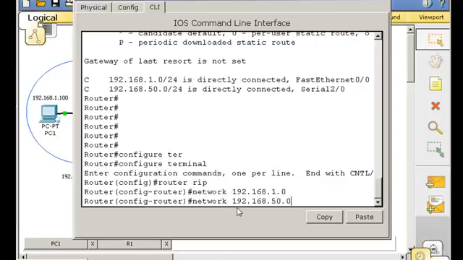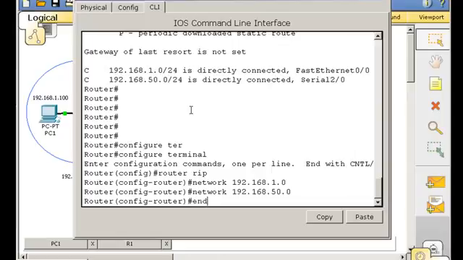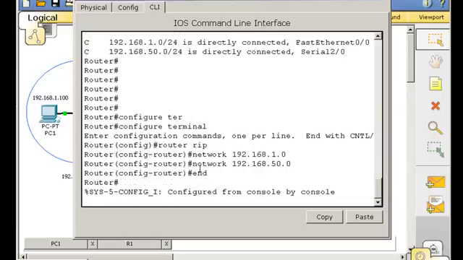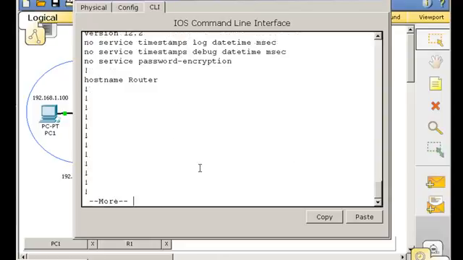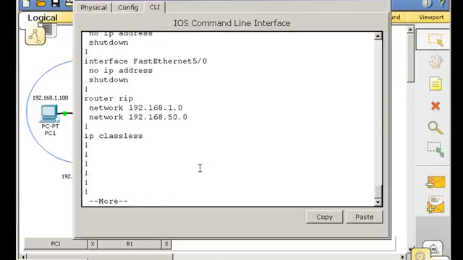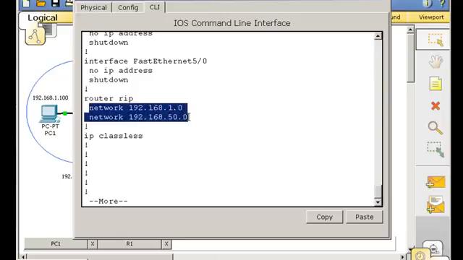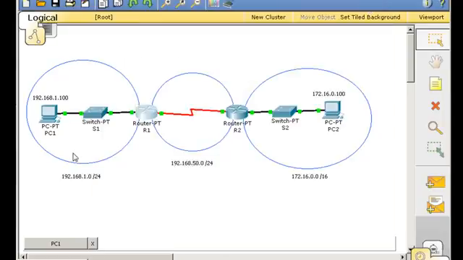These two networks are the networks that are on my connected interfaces for R1. This is R1 that we're talking about here, right? And then I'll type end. So now we have RIP configured. If we do a show run command, you'll see that in the running configuration, it says router RIP, and then it has the two networks that are participating, the 1 and the 50, the two connected networks.